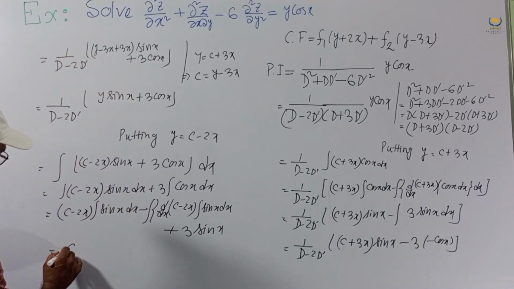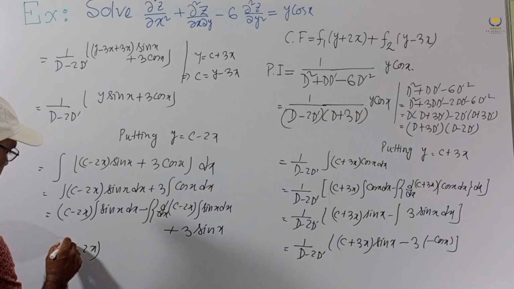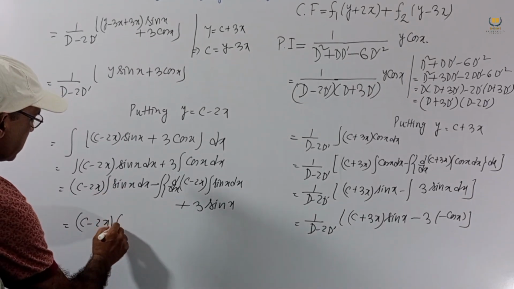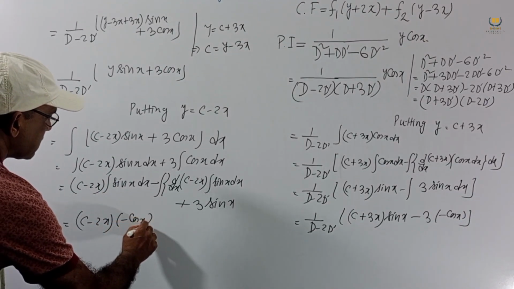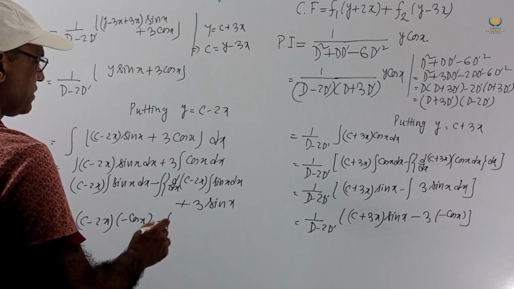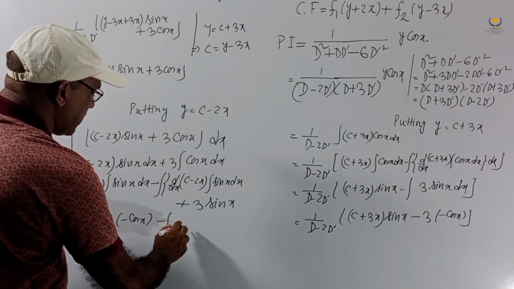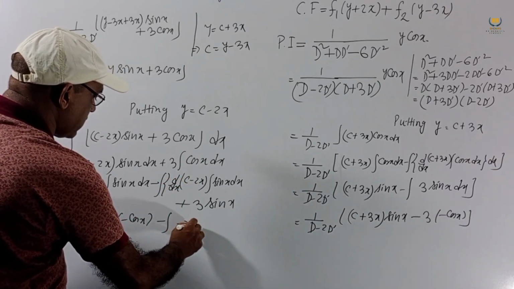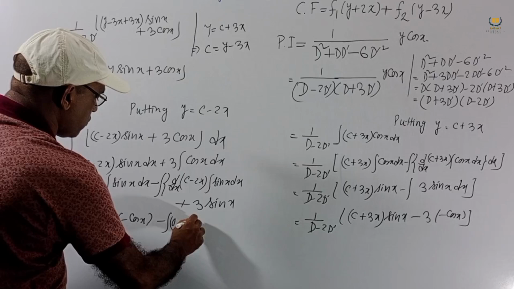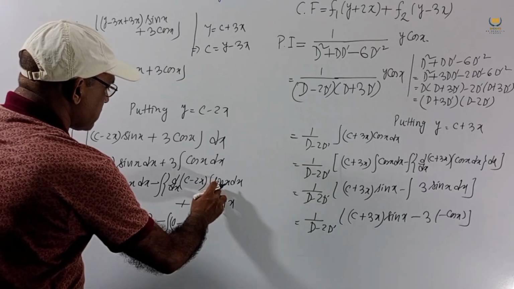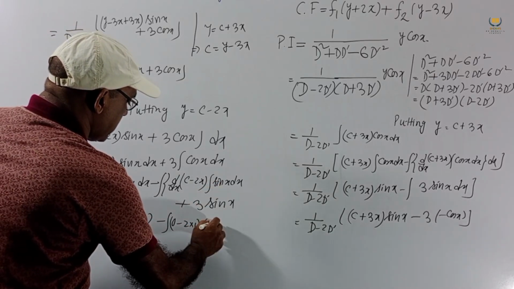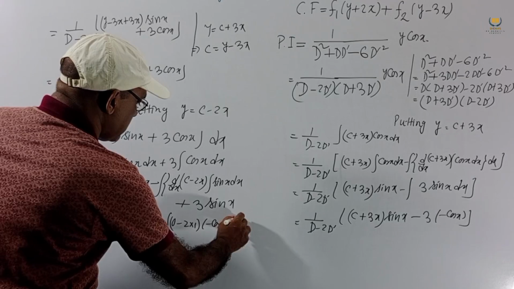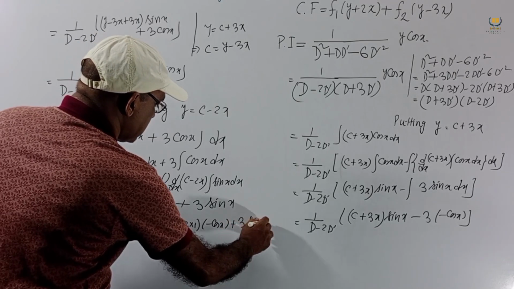So this equals (c - 2x) times integration of sin x, which is minus cos x, minus the integration, where the derivative is minus 2, minus 2 into 1, of integration sin x, which is minus cos x, plus 3 sin x.